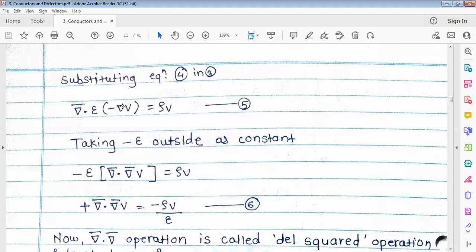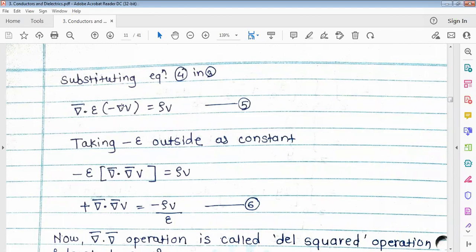Just remember, this is a del operator and del operator is always a vector quantity.